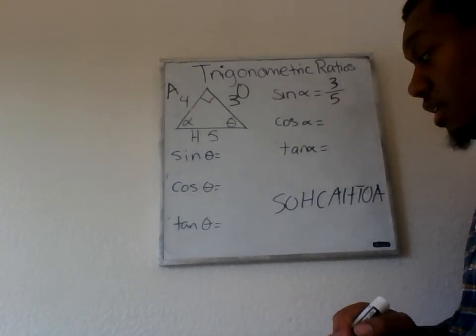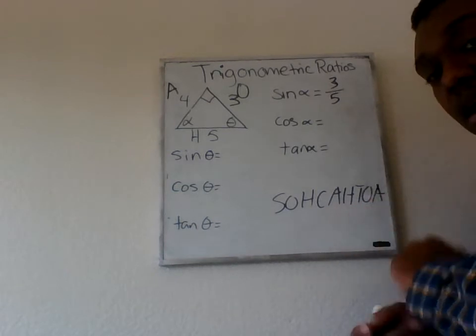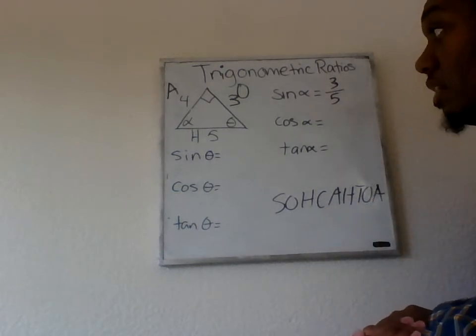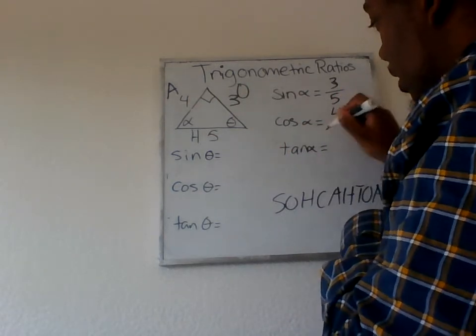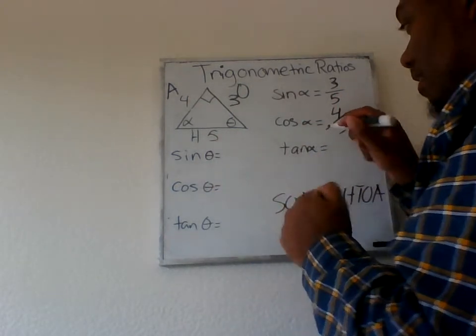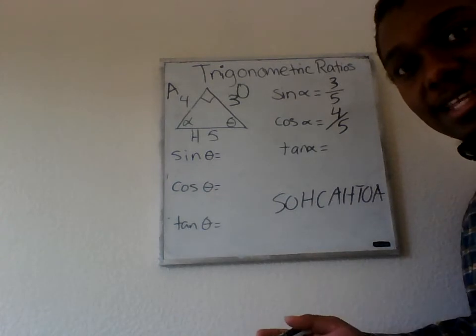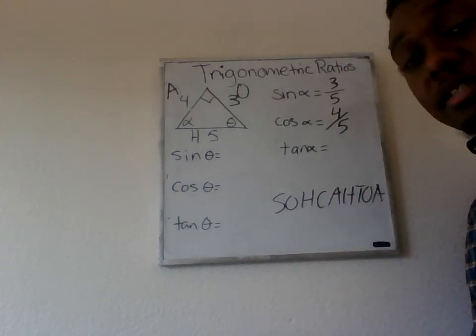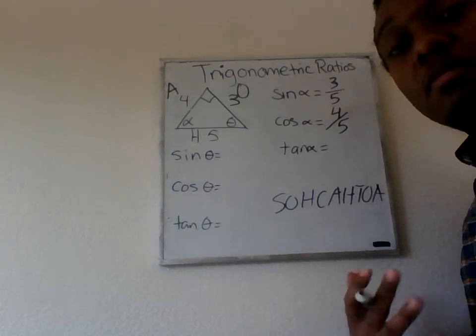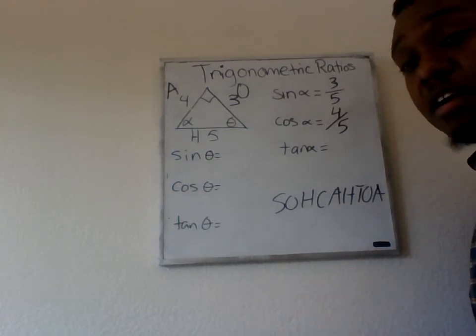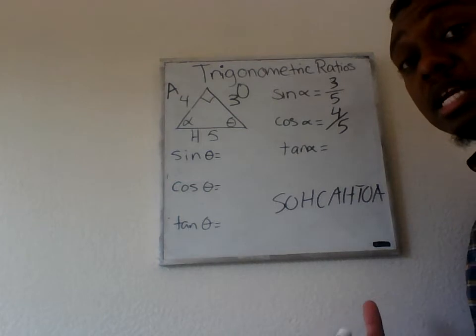Okay, let's look at cosine. Cosine is adjacent divided by hypotenuse. So our adjacent side would be 4, and we would divide by the hypotenuse 5. We know then that the cosine of alpha would be 4/5 or 0.8. Okay, what about the tangent function?